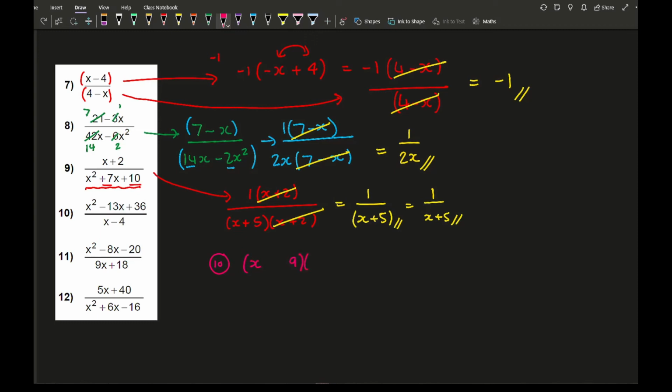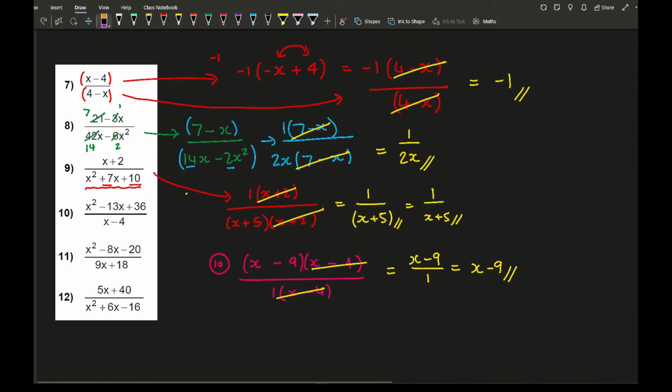I've got 9 and I've got 4, both going to be minus, and over, I've got one lot of x minus 4. So here again I can cancel my x minus 4s out, leaving me with just x minus 9 over 1, which is just x minus 9. There we go. That's question 10.